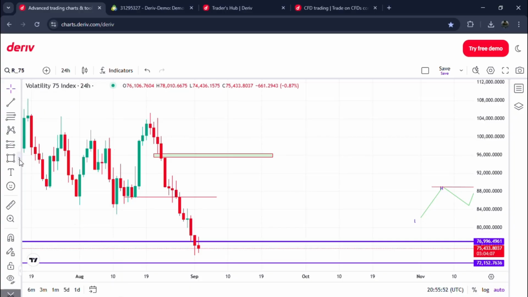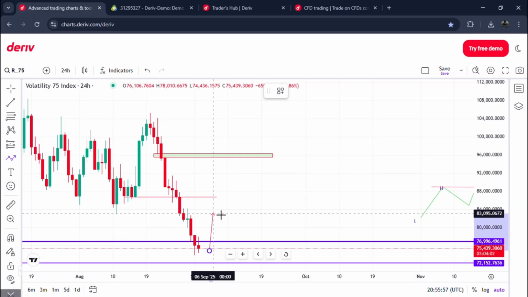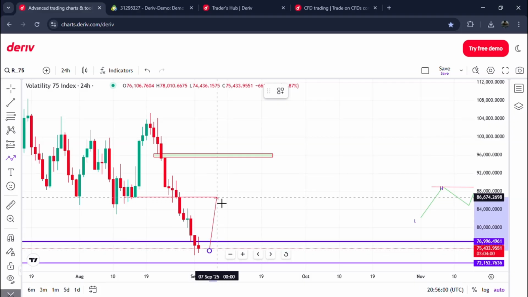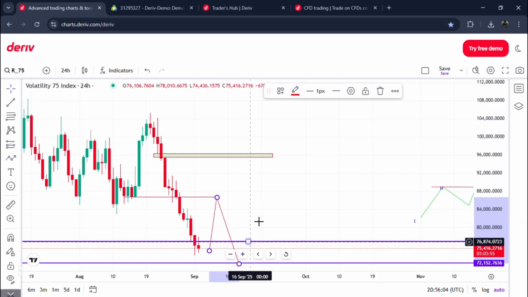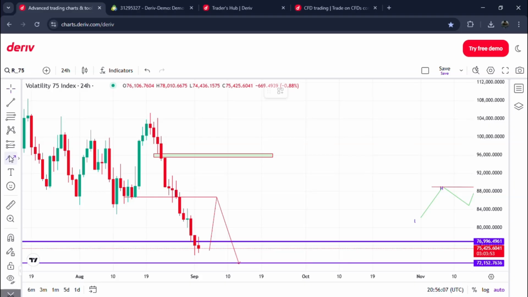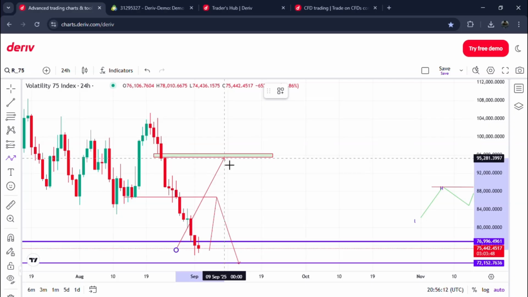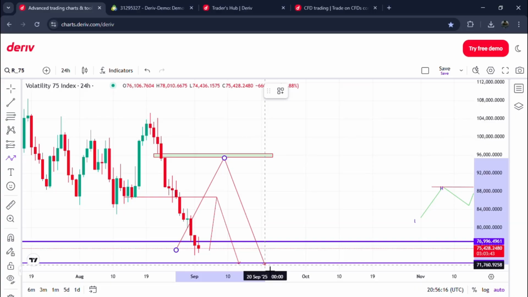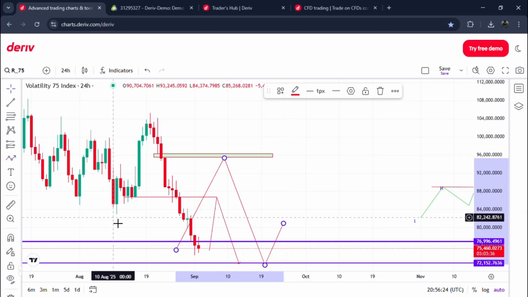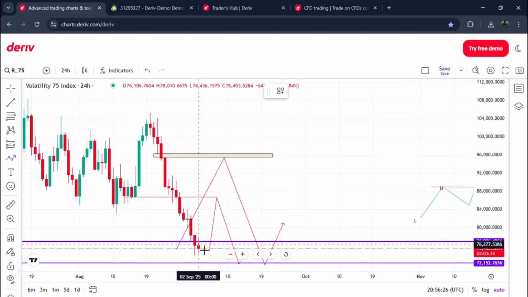So out from this zone, the market can choose to come here and then complete the trend, or the market may choose to come here and complete the trend. The market may choose to even come and hit this zone first and then retrace back.